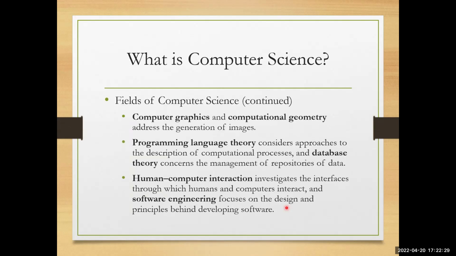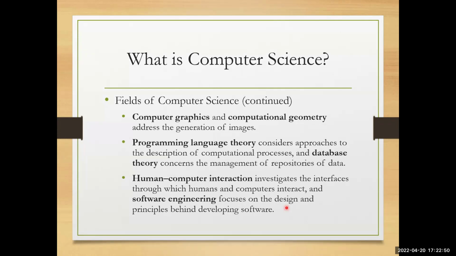Then, of course, we have many other fields. Computer graphics and computational geometry address the generation of images. We do want our computers to be able to process information from various domains, and images and videos are a very important field.